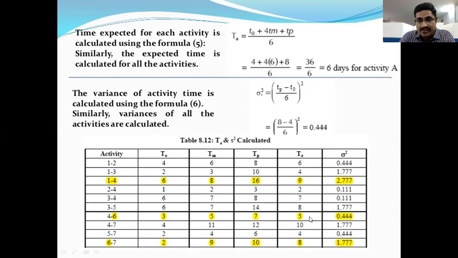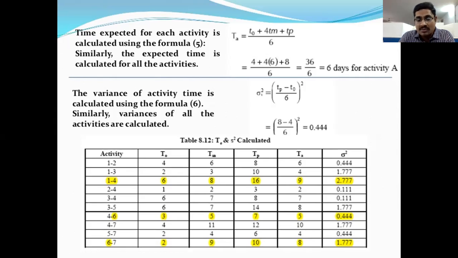Then we will get 5 average time. Next, activity 4 to 7: 4 plus 4 into 11 plus 12, by 6. Then we will get 10 as the time estimate for this activity. Next, 5 to 7: 2 plus 4 into 4 plus 6, by 6.